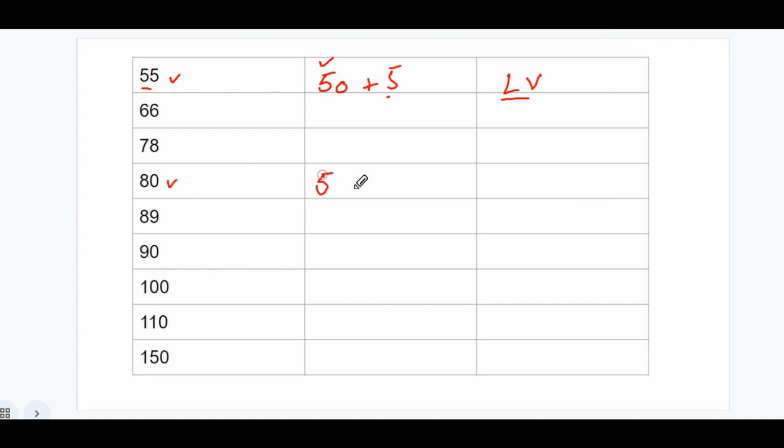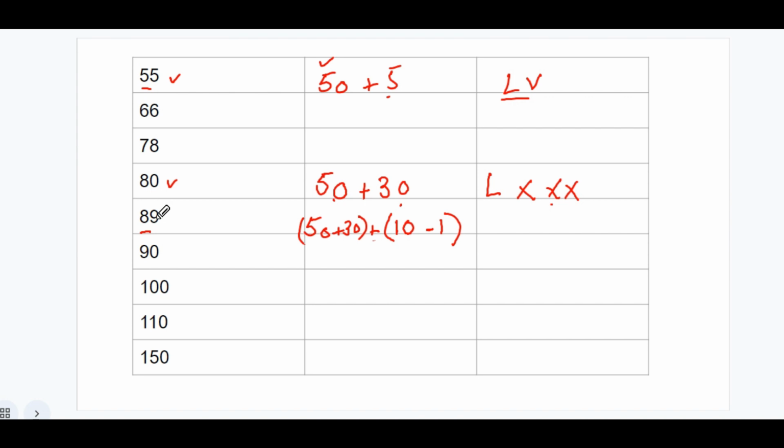Here we have 80. 80 will be equal to 50 plus 30, because 50 we already know, that is L, and 30 you know, X, X, and X, 3 times X. And for 89, what we have to do again, 80 means 50 plus 30, that is L, X, X, X. For 9, what we have to do, 10 minus 1.